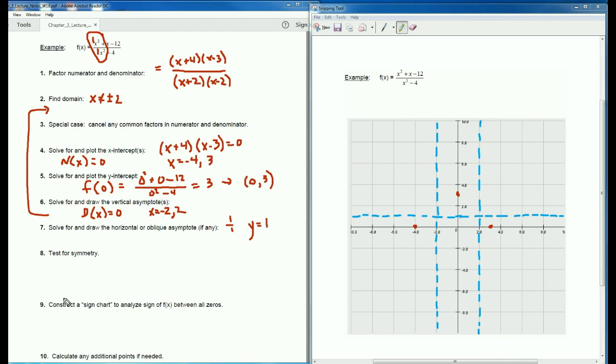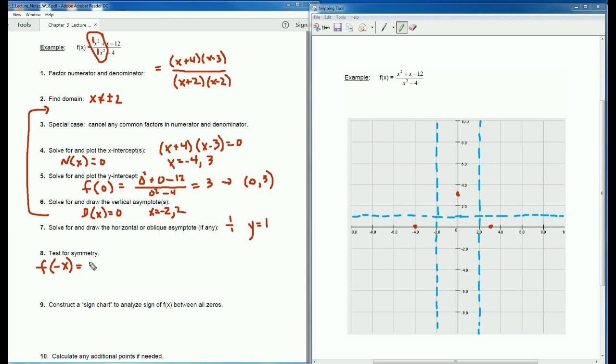All right, test for symmetry. Yeah, you know, we can go ahead and do this if we want. Let's see, if f of negative x, so for example, if I were to do f of negative x, so in other words, in my original function, everywhere instead of x I plug in negative x.